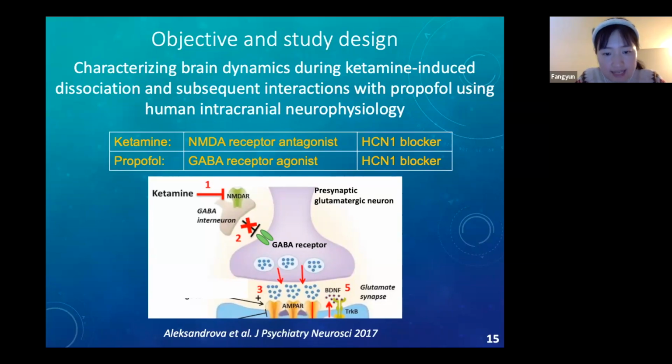We expect that propofol's GABAergic activity would antagonize any ketamine-induced oscillations from the NMDA-mediated disinhibition. At the same time, we expect that propofol would further potentiate any ketamine-induced oscillations from HCN1 inhibition.